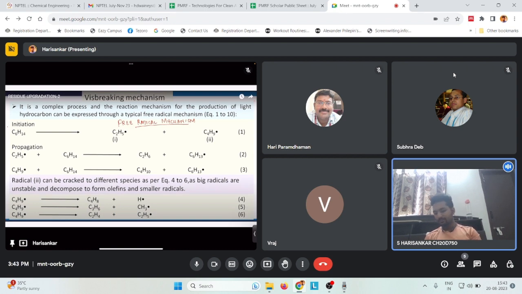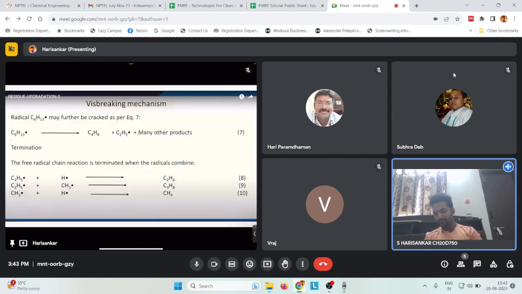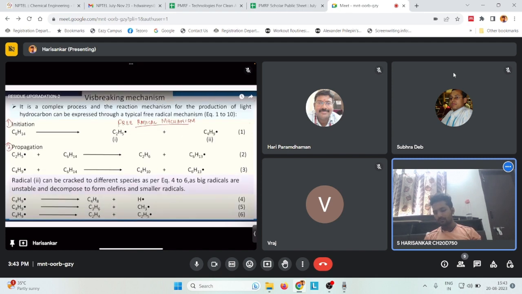So the free radical mechanism has three steps. The first step is initiation, then we have propagation, and then the third step is termination. In initiation, first we take a heavy hydrocarbon, and because we are supplying heat, this heavy hydrocarbon breaks down into two different hydrocarbons with a smaller carbon chain.